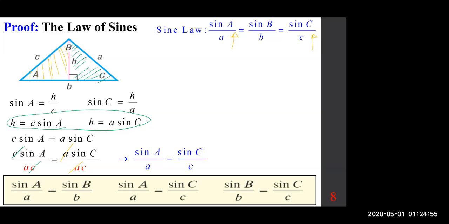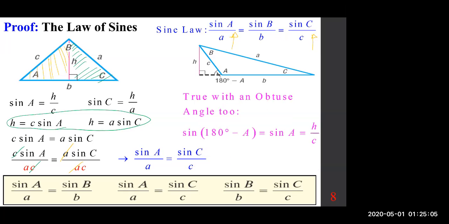Now, if you happen to have an obtuse angle, that works out for a simple reason that sine of 180 minus A equals sine A or H over C. I hope everybody remembers that sine is positive in the first as well as the second quadrant. And if you recall, the smaller angle is considered the reference angle.